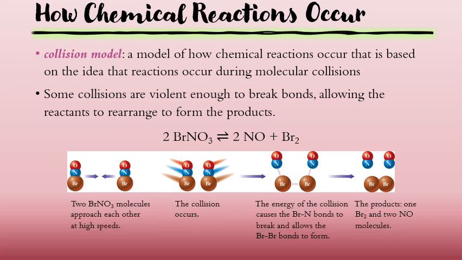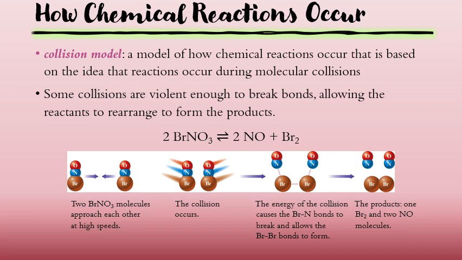Okay, so in that first part of this picture, we see you've got two of our reactant molecules approaching each other at high speeds, right? Because remember, particles tend to move quickly, especially in the gaseous state. So those two molecules approach each other at high speeds, they collide with each other. And when that collision is strong enough, it breaks the bonds between the bromine and the nitrogen atom.